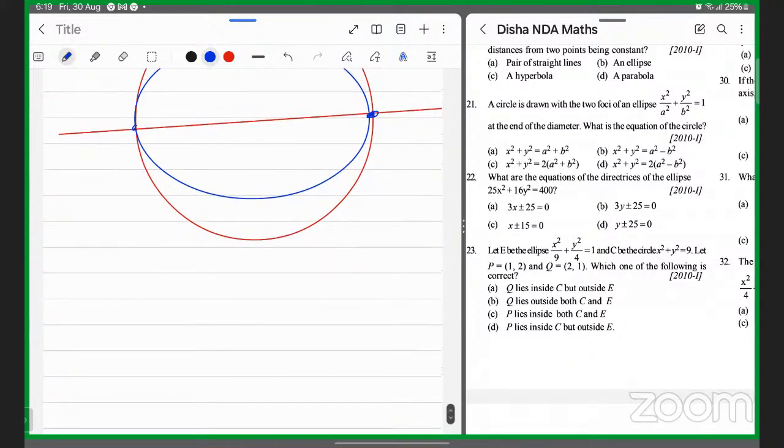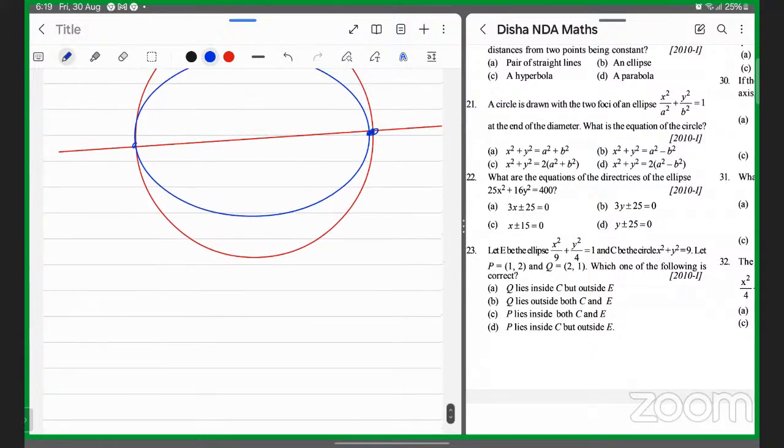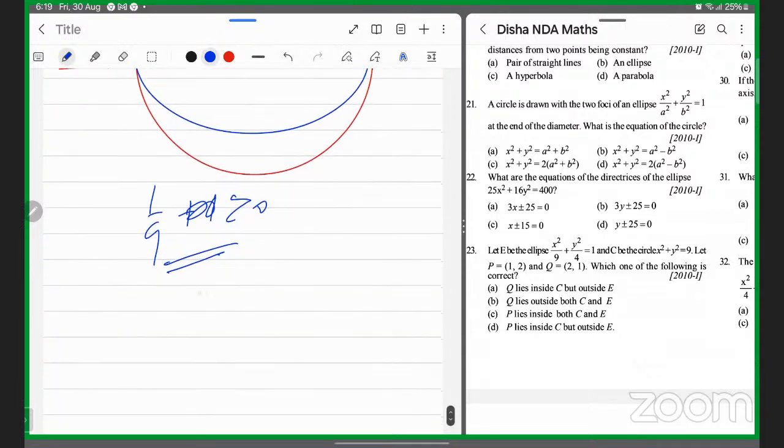So first test for P. 1 square by 9 plus 2 square by 4, which is 4 by 4 equal to 1, and the 1 cancels. So 1 is greater than 0. P is outside the ellipse. And for the circle, 1 square is 1 and 2 square is 4.